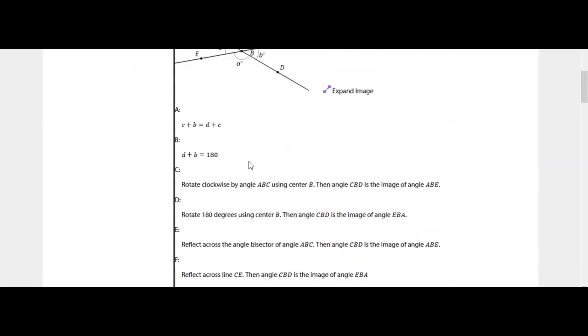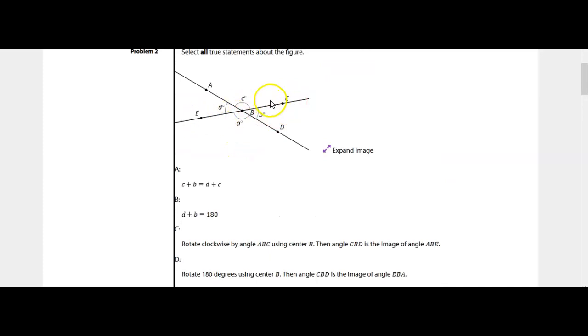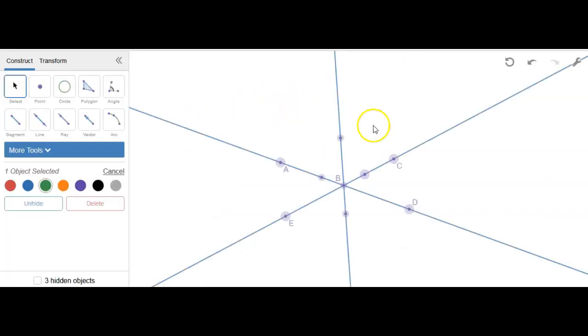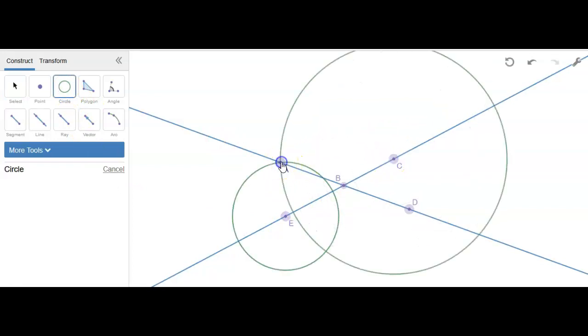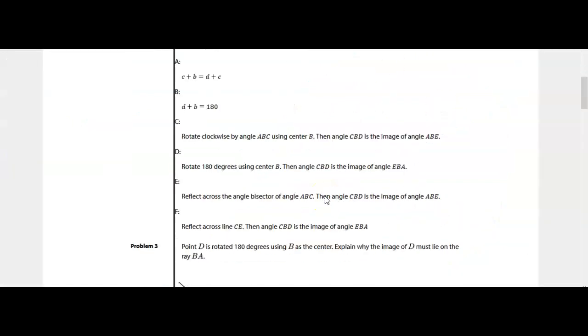But then if we reflect across line CE, remember that when you do a reflection, you're basically doing perpendicular bisectors. If we were to reflect A across line CE, and this is one of the reflections we did today in class, point A prime would be down here. So reflecting across this line is not going to take point A to point D, which is basically what this is saying.